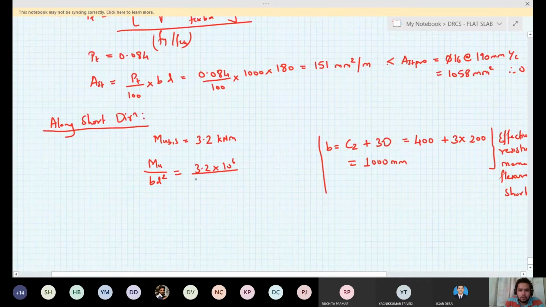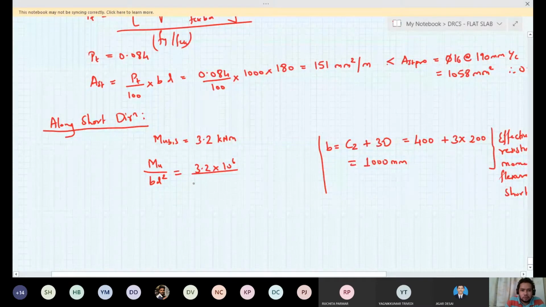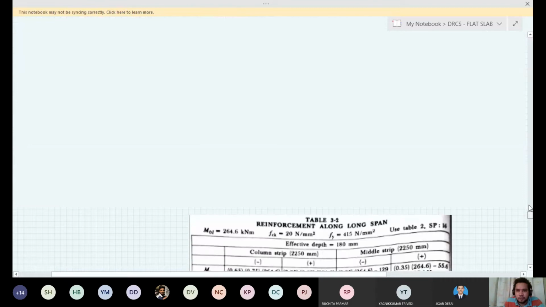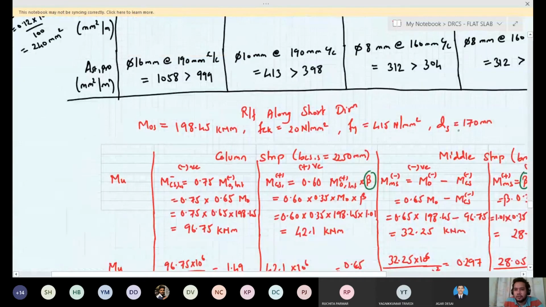So this will be your 1000 into D. D is 170 mm. If you remember, this is along the long direction; along the short direction it is 170.